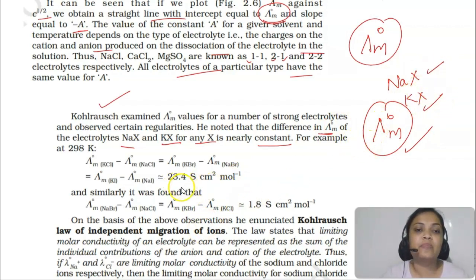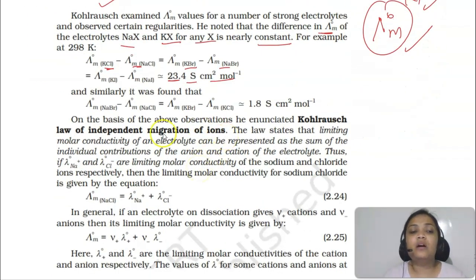Like यहाँ पर देखिए, for KCl minus NaCl, so it will be KBr minus NaBr. So here you can see the values are almost similar to around 23.4 Siemens centimeter square per mole. Okay.